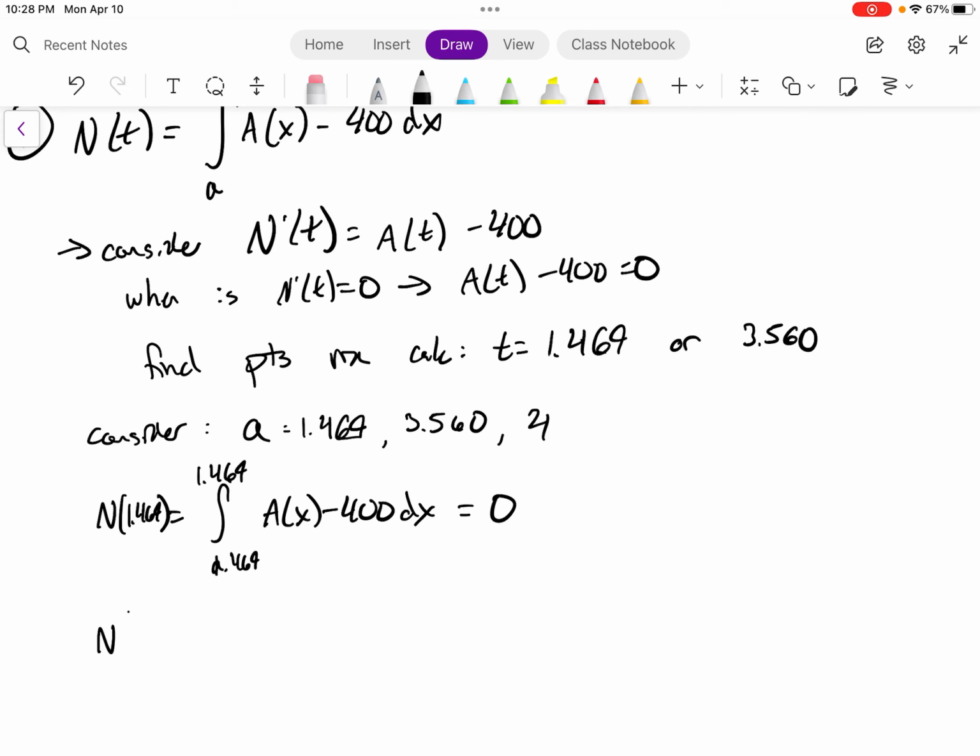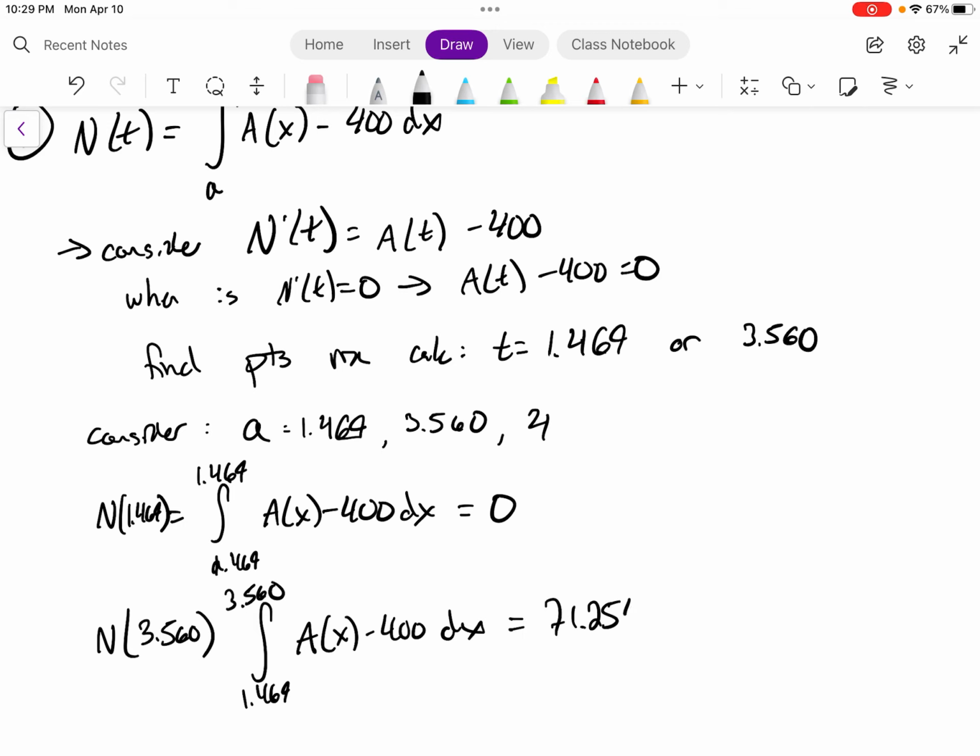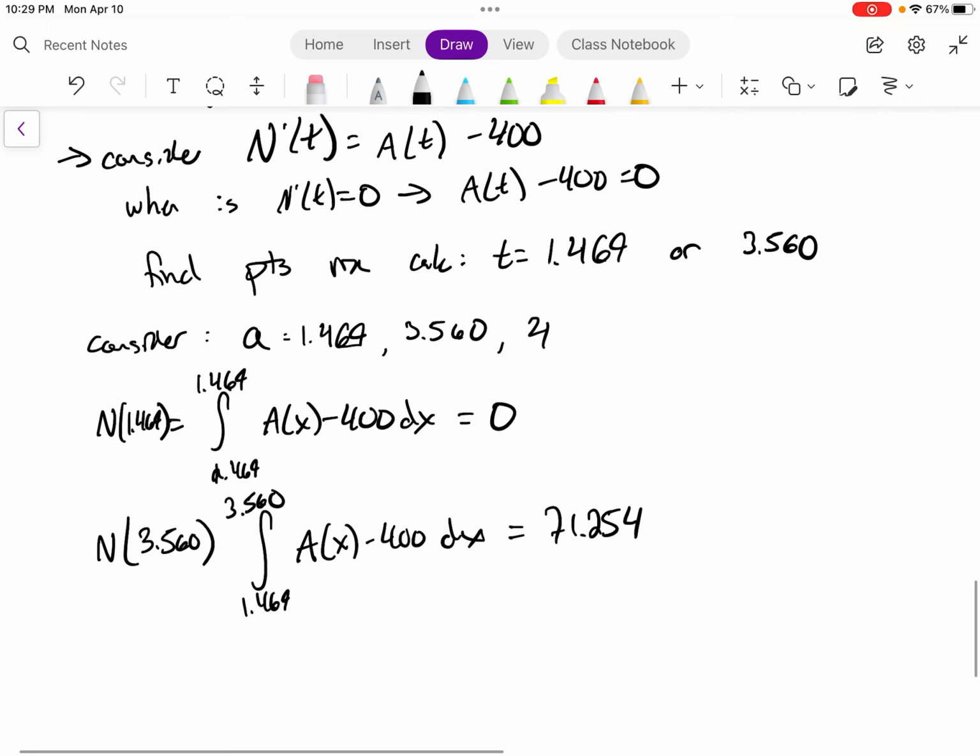For my subsequent guy, where I plug in 3.560, I look at the integral from 1.469 to 3.560. This is definitely a calculator exercise. I would not recommend doing this by hand, but this thing ends up being 71.254.